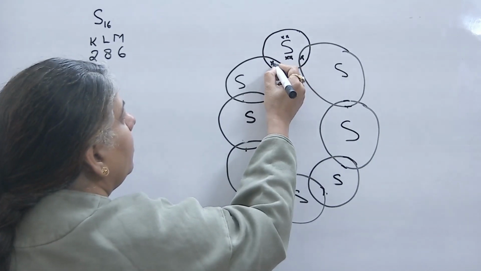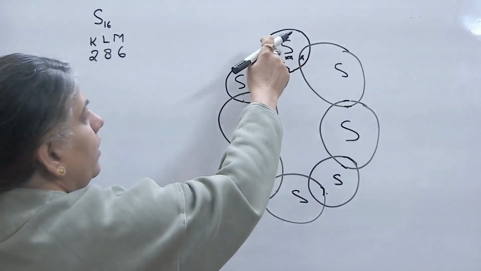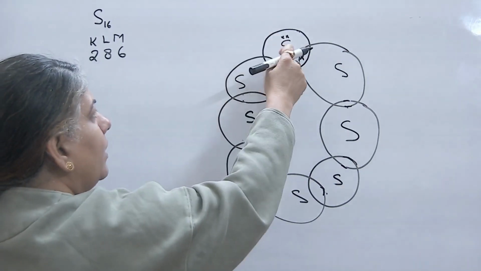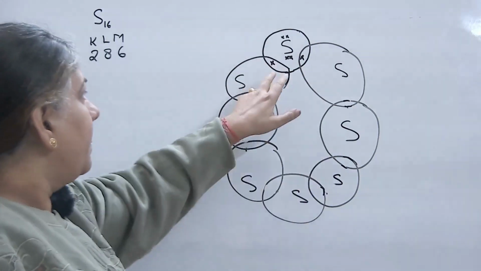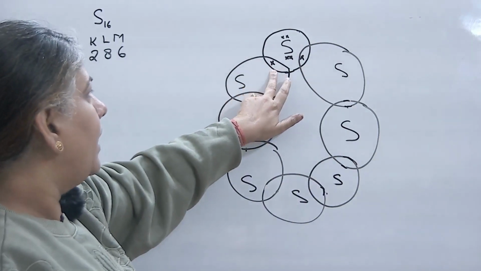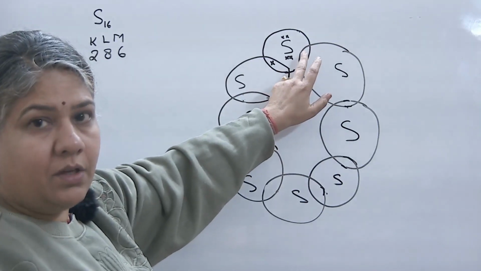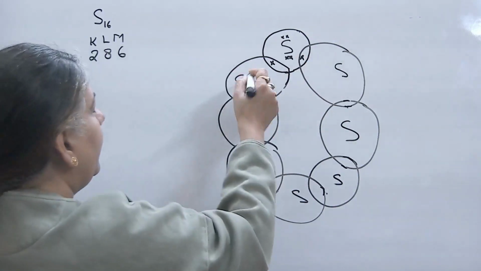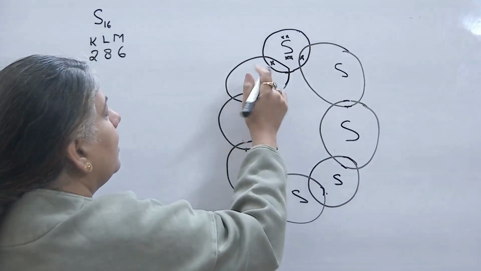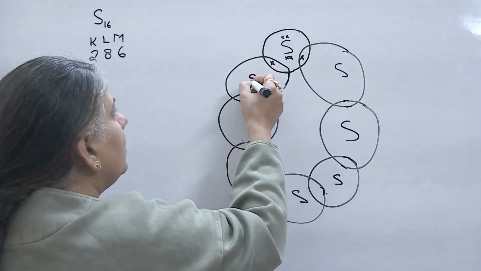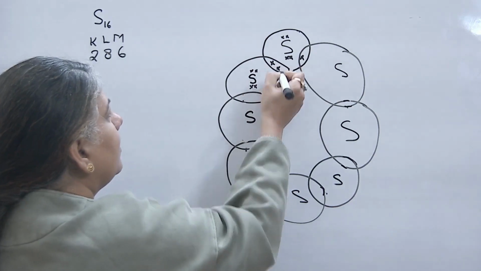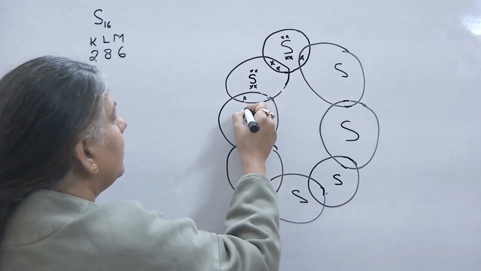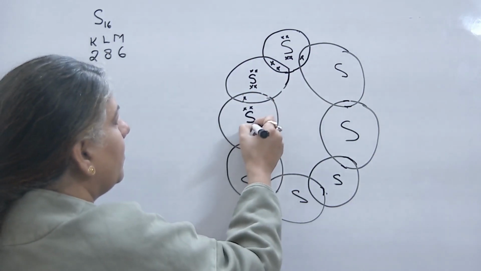So for this atom, 2 pairs are not participating in bonding, and 1 electron each is placed in the shared region. So you fill the rest of the atoms in a similar manner. Place the electrons in the similar manner, and complete it.